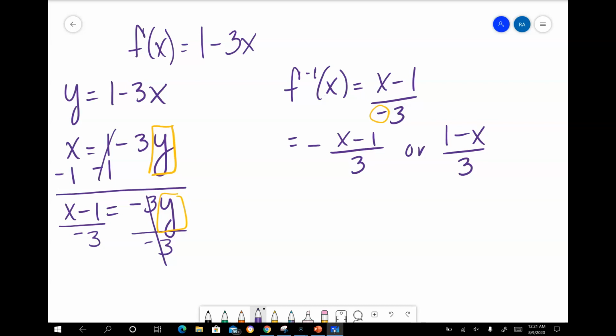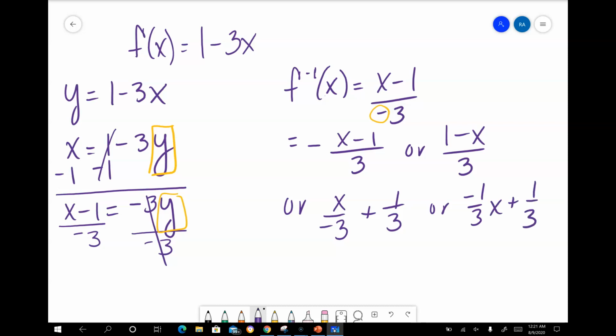And then you could see it as x divided by negative 3. That's a negative and a negative, so that's going to make it a positive 1/3. Or negative 1/3 x plus 1/3. All of these are the same.